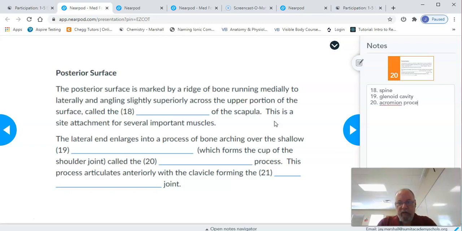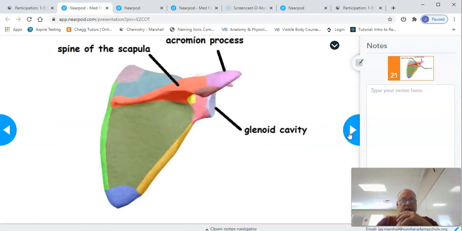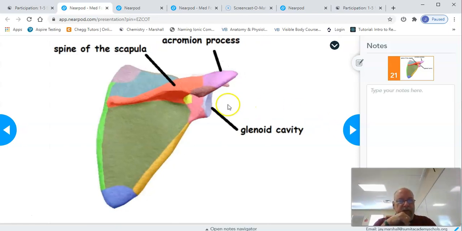Acromion process. Okay, and this process articulates anteriorly with the clavicle, forming the acromioclavicular joint. The acromioclavicular joint.